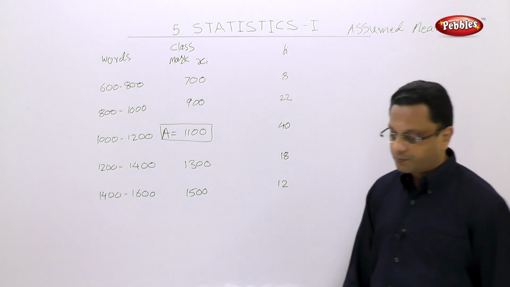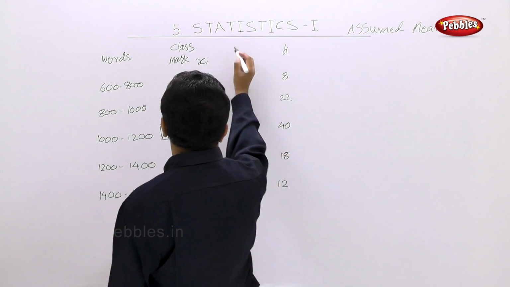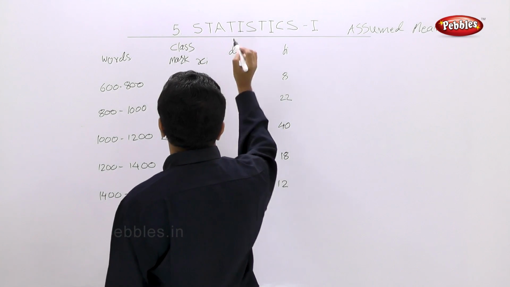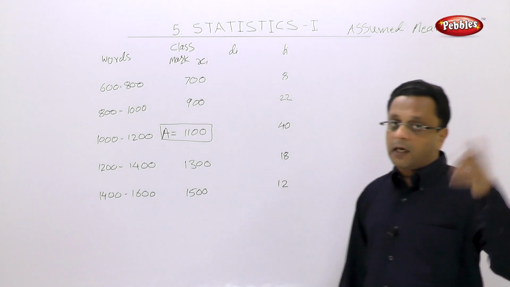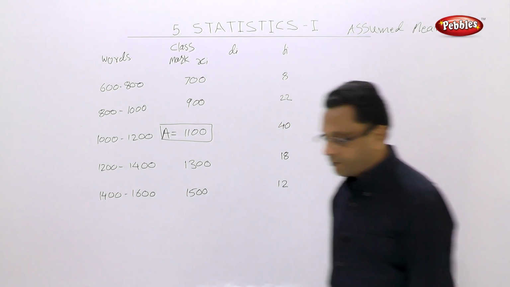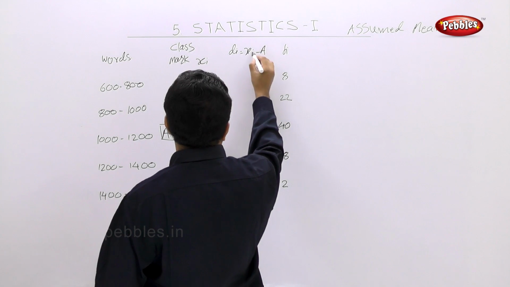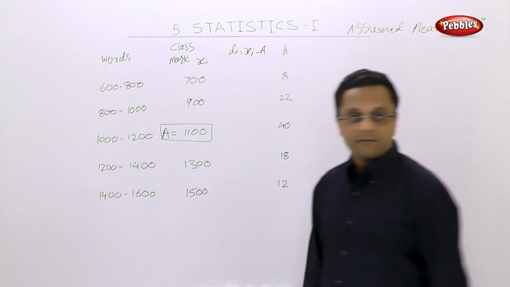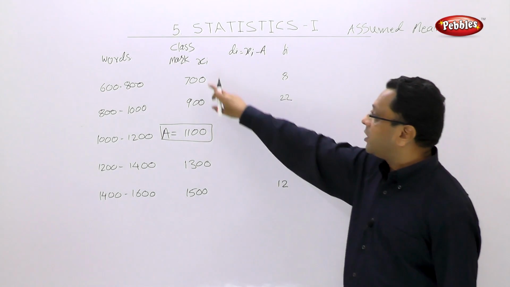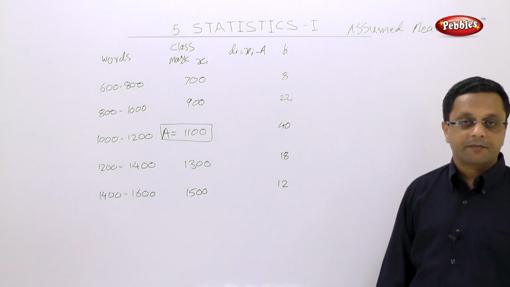Now what to do? Now we have to find out the difference, di. Instead of xi, now I am going to find out the di. The di is nothing but xi minus a. Di is nothing but xi minus a.